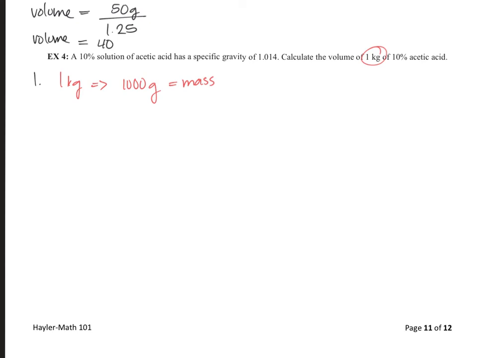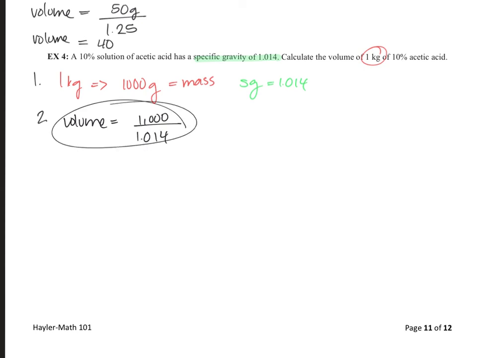Next, we need to figure out what the specific gravity is. And we are given that, which is specific gravity 1.014. So we know that the formula is the volume is going to be the mass, which is going to be 1,000, divided by specific gravity, which is 1.014.